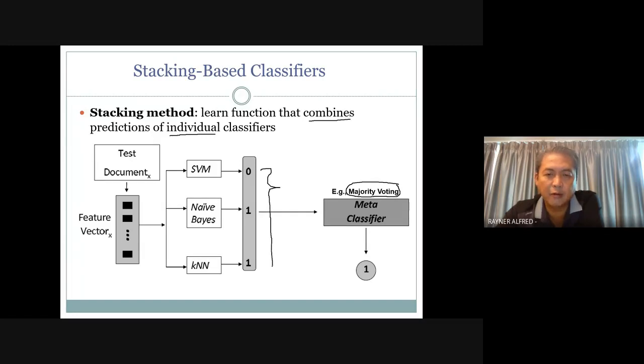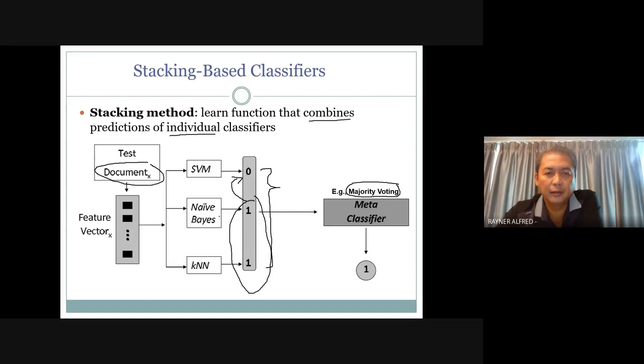The most number of class labels here will be determined by the majority voting. So the final class label will be 1 because we have 2 ones here compared to only 1 zero. And we do it for every document for the testing.